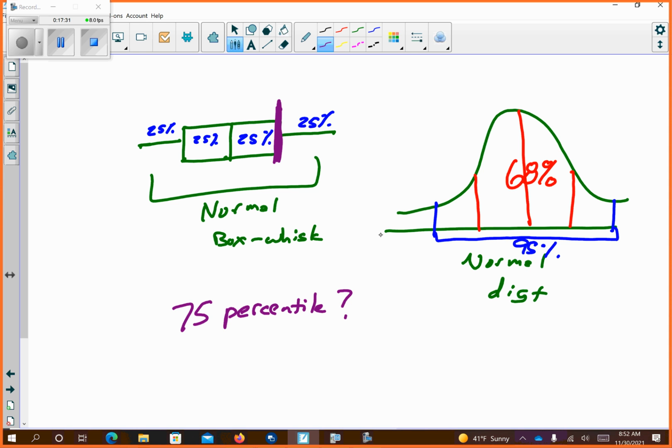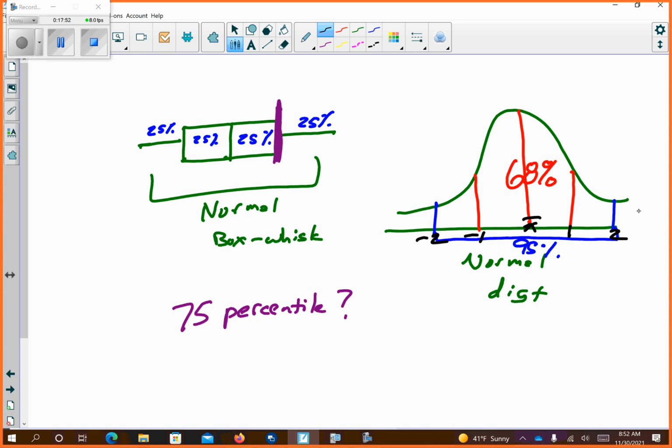Okay, if you were looking at this, where would you think 75% would fit? And this is the mean, 1 standard deviation, 2 standard deviations, -1, -2, and yes, we could have gone out -3, -4, whatever.